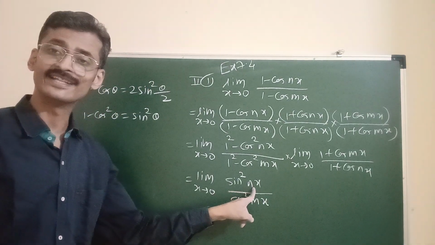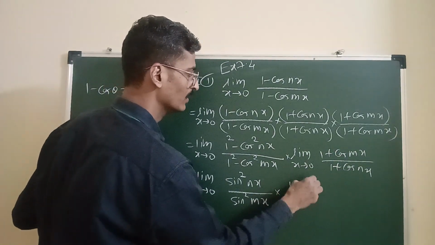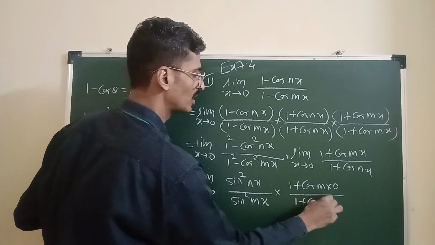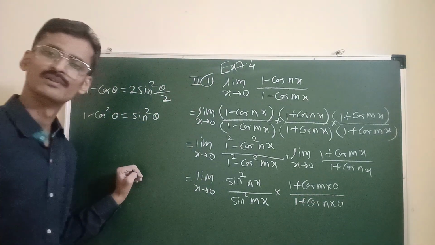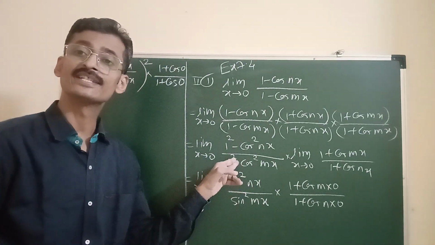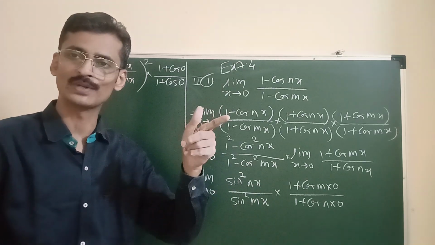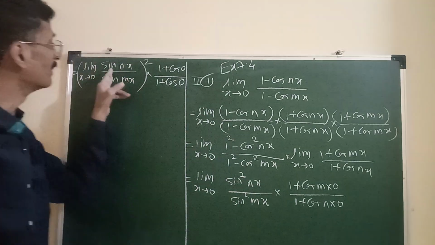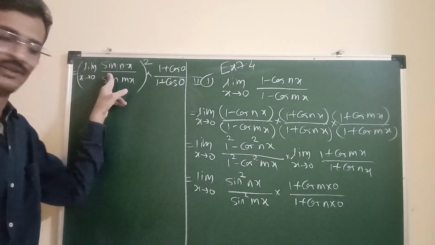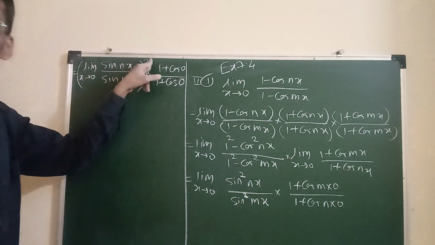So we are not getting a fractional part here. Now here put x equal to 0: 1 plus cos m into 0, 1 plus cos n into 0. Now as square is given here and square is given here, sin square theta actually means sin theta whole square. So write the square common: sin nx upon sin mx, whole square. Here square is given, here square is given, so write square common.